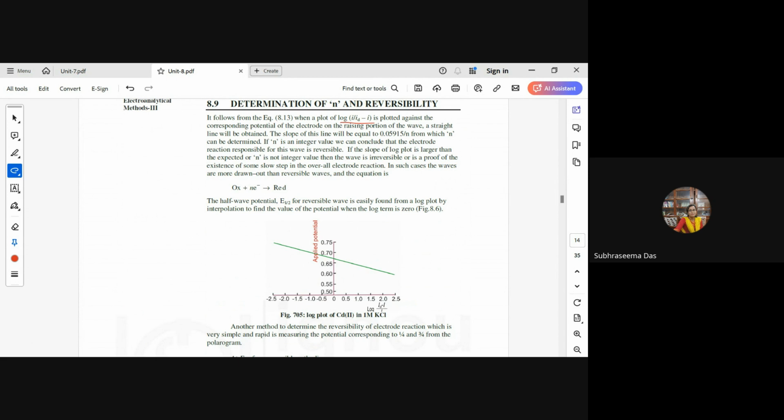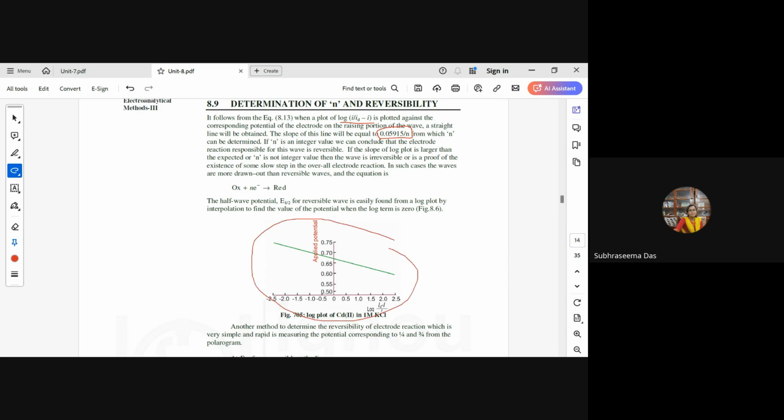The slope of this line will be equal to 0.0591 by n, from which n is calculated. The n is calculated from the log plot in figure 8.5.